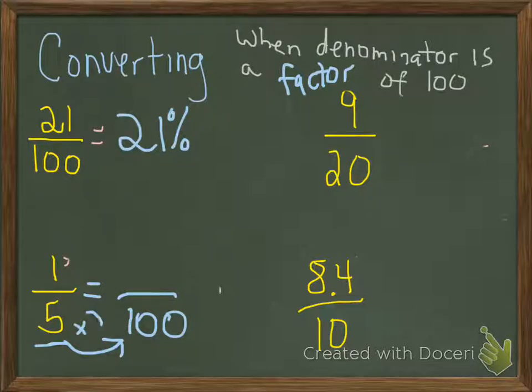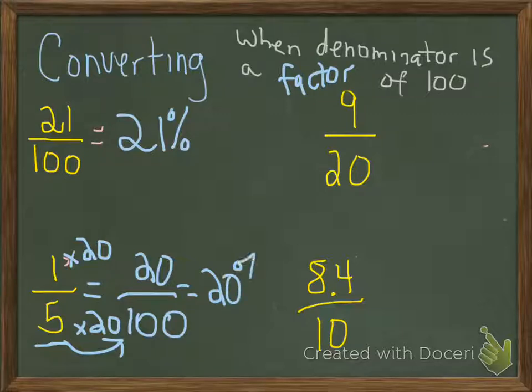Well, 5 times 20 makes 100. And if we multiply the bottom by 20, we have to multiply the top by 20. 1 times 20 will be 20. Now we have it out of 100. We just read the numerator as our percent. So if you have 1/5 of something, you have 20%.